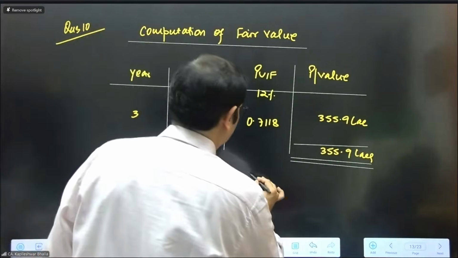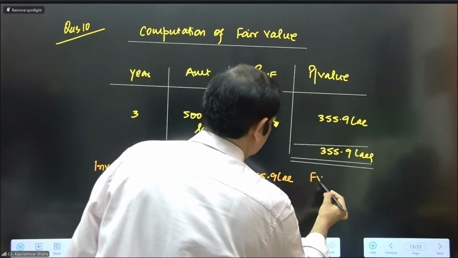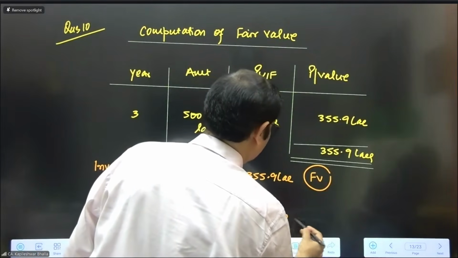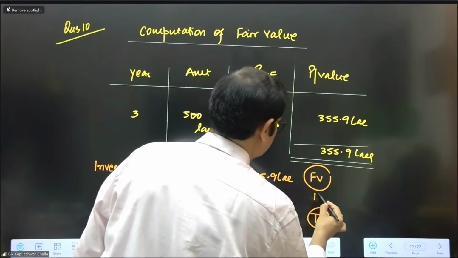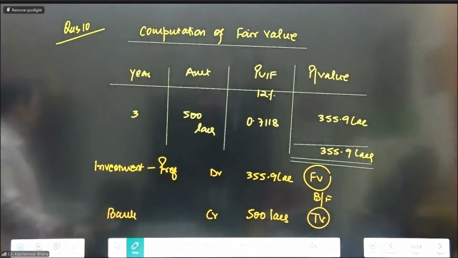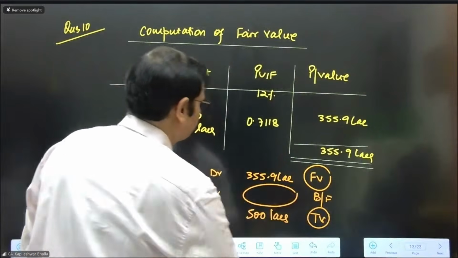This is with a fair value of 355.9 lakhs, and this is with the transaction value, that is 500 lakhs. And just to ask you again, where are you going to take the difference in this particular case? Where are you going to take the balancing figure in the books of the parent?